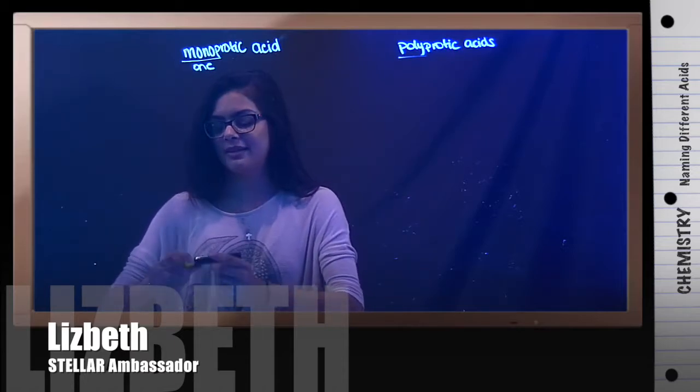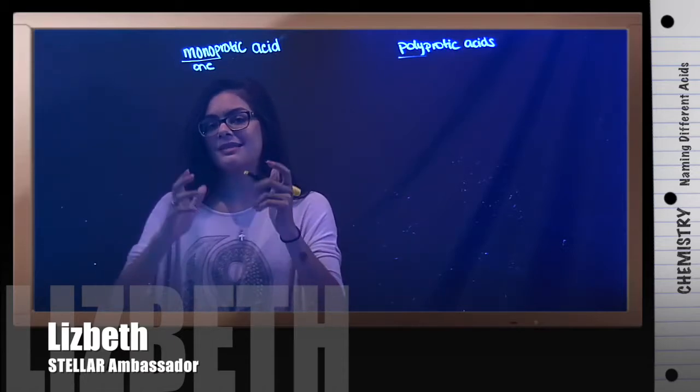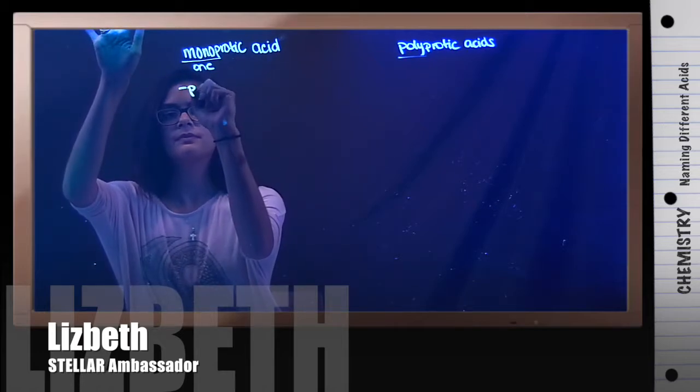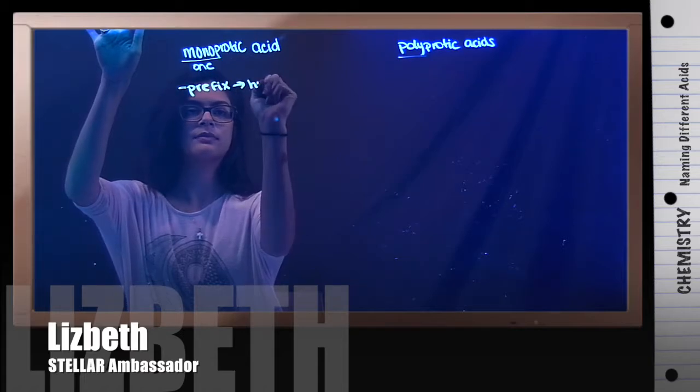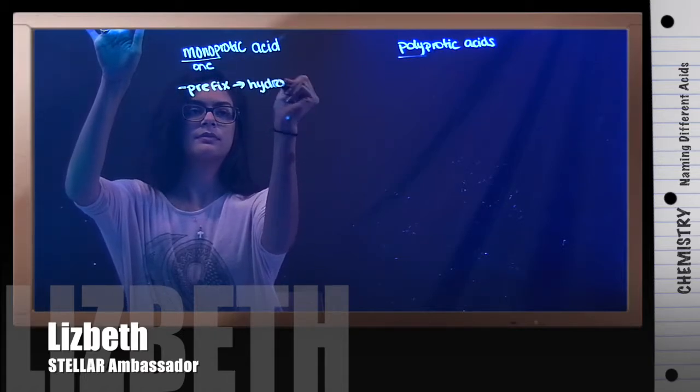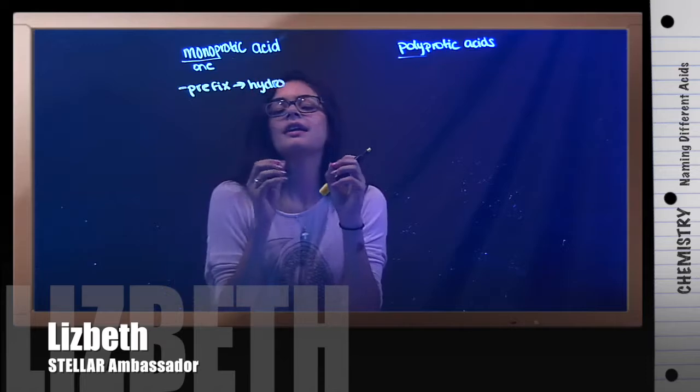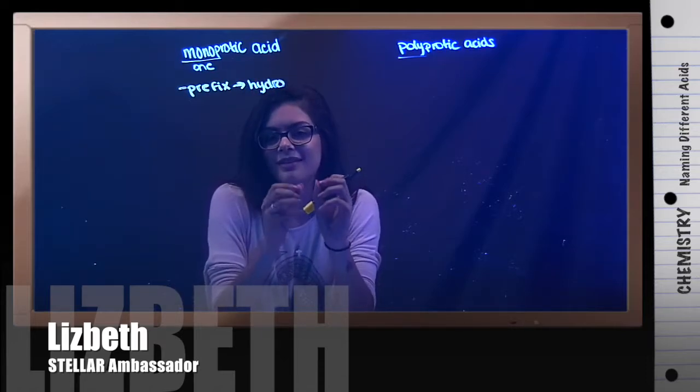For monoprotic acids, you're always going to use the prefix hydro. And then you're also going to use the root of the element that is not hydrogen.